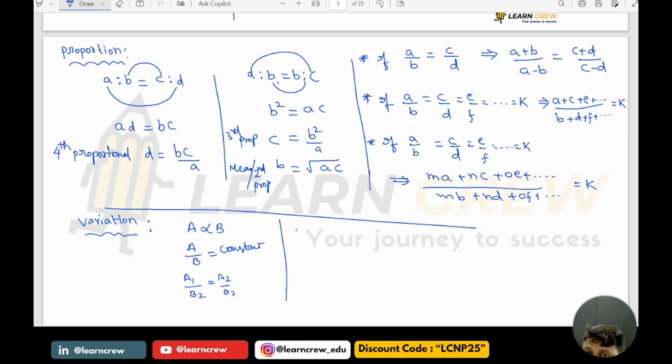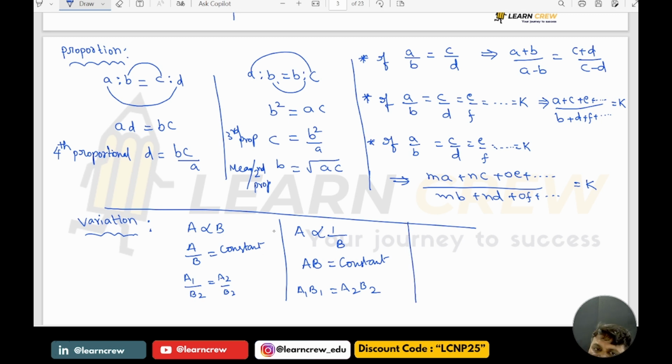If A is inversely proportional to B, then their product is constant. AB is equal to constant. Means A1 B1 is equal to A2 B2 is equal to A3 B3 and so on.